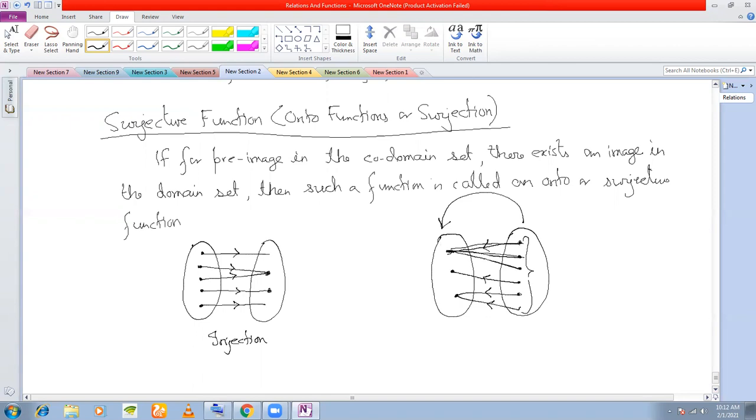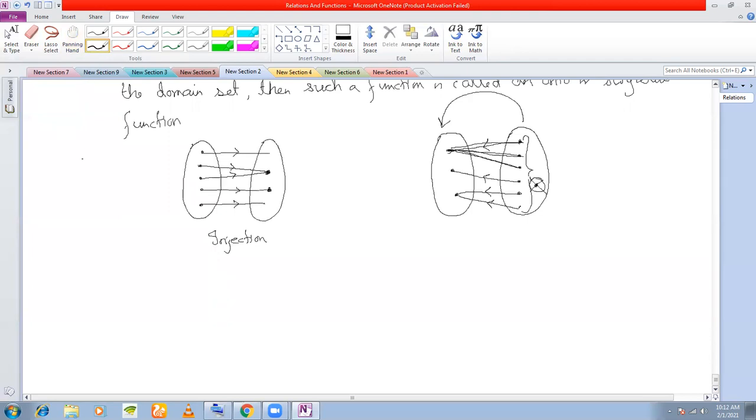It may not be distinct, but each element in the codomain set has to have an image. Even if you find one particular element in the codomain set is left out, then the function will not be onto. Is the definition clear? Okay.